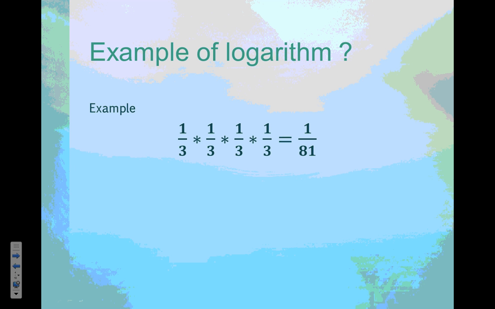So 1 times 1 times 1 times 1, we all know, gives us a product of 1. Now we're going to take the 3 and multiply that by this 3 to give us 9. After that, we can take this 9, multiply by this 3 to give us 27. And lastly, we take the 27, multiply by this 3, and we get a product of 81. So 3 times 3 times 3 times 3 equals 81.